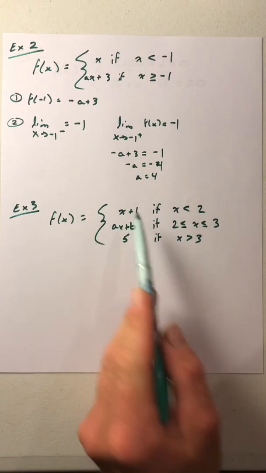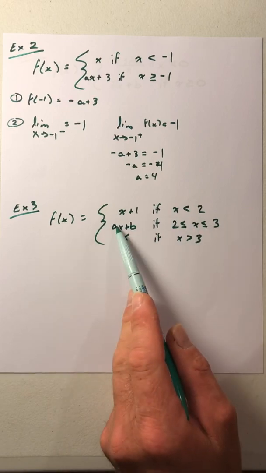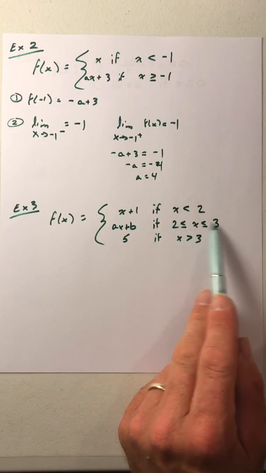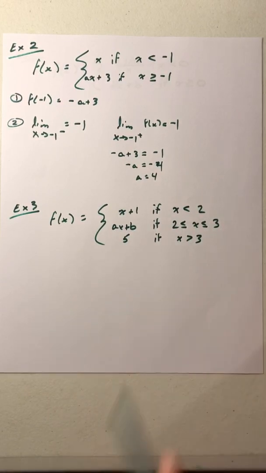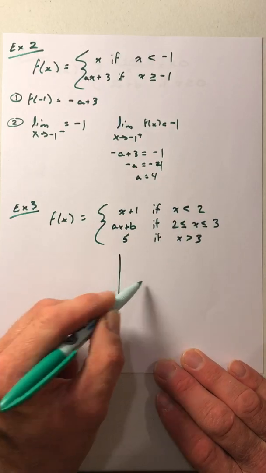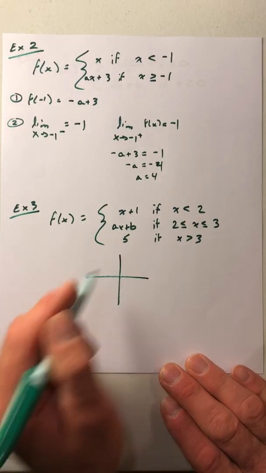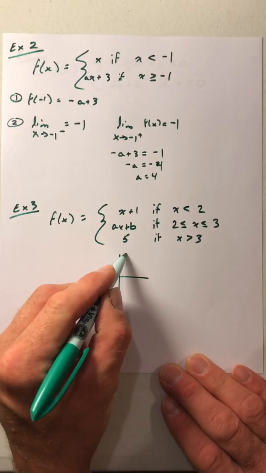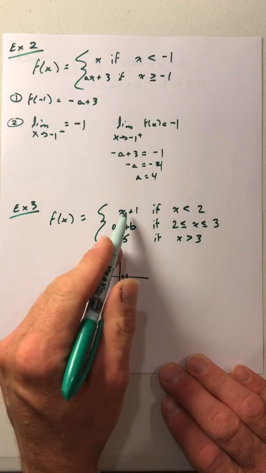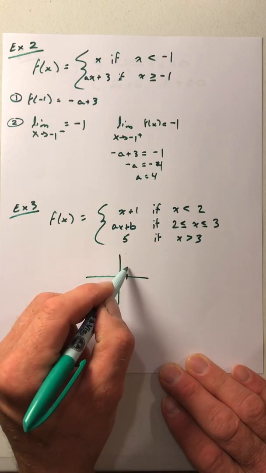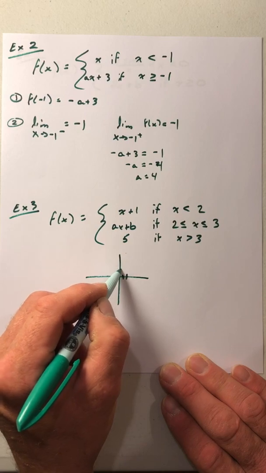Here we're given x plus 1 if x is less than 2, ax plus b if x is between 2 and 3, and 5 if x is greater than 3. So what do we know with this function? Well, if I were to graph out what I have here, if we're less than 2, so here's 2, we have x plus 1. So we're going to have a function that comes up here.